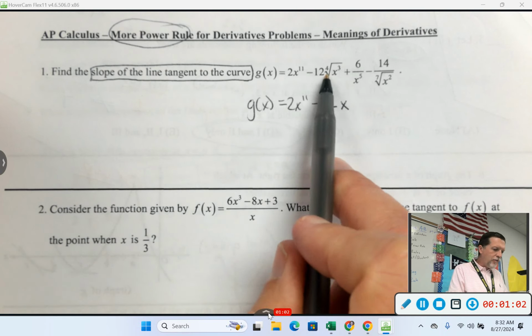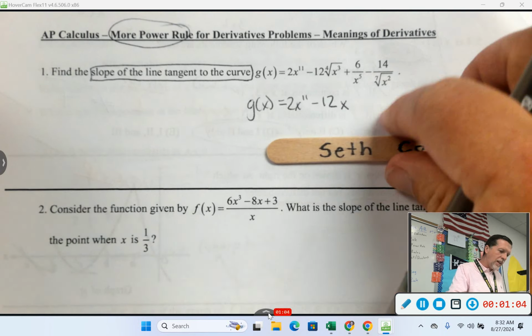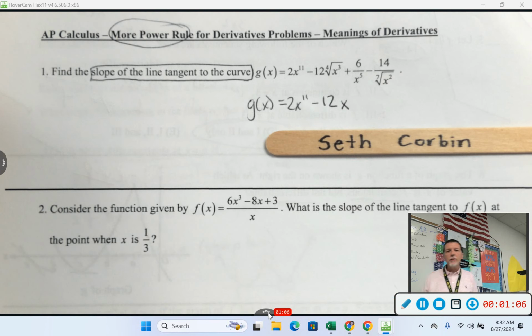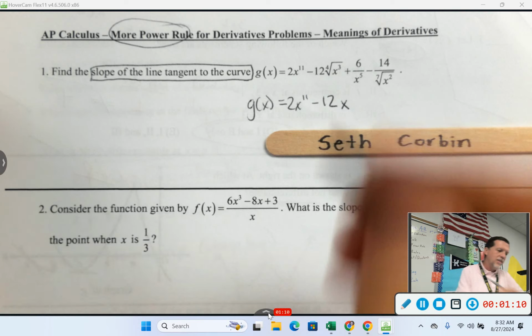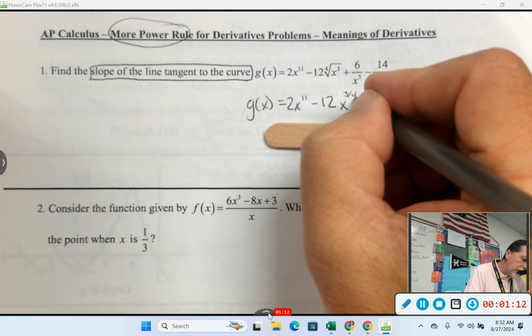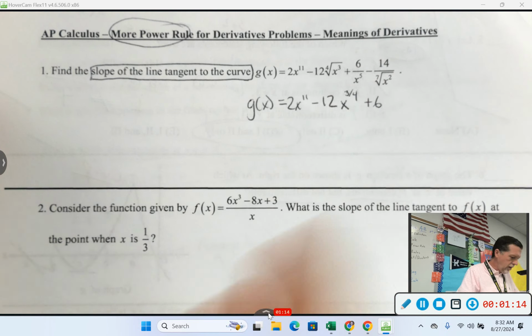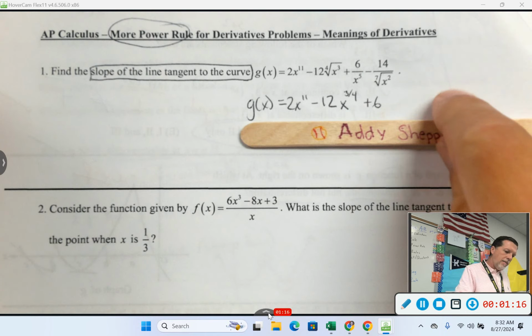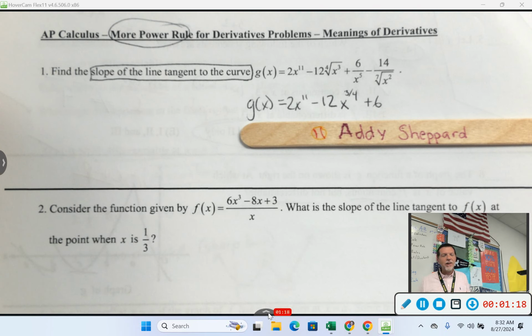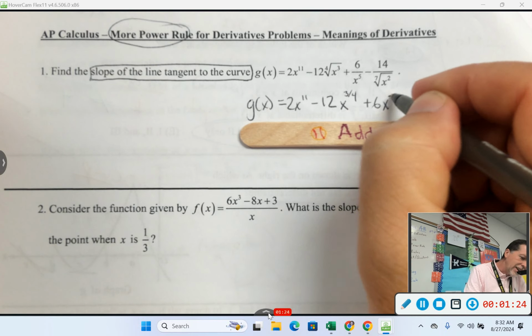If I have the 4th root of x cubed, Seth, how could I rewrite that as just a power? What would the power be? 3/4. Good. Adding 6 over x to the 5th, how could I rewrite that as x to a power? 6x to the negative 5th.